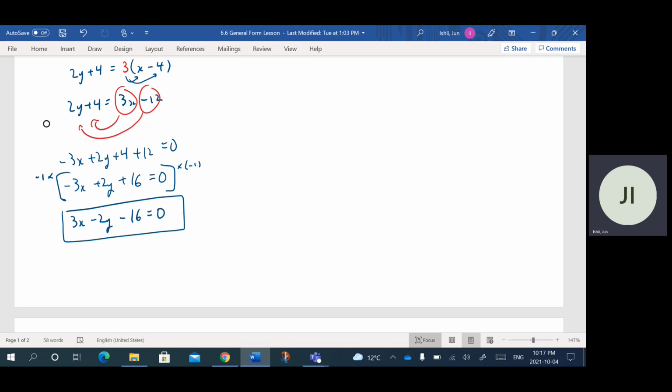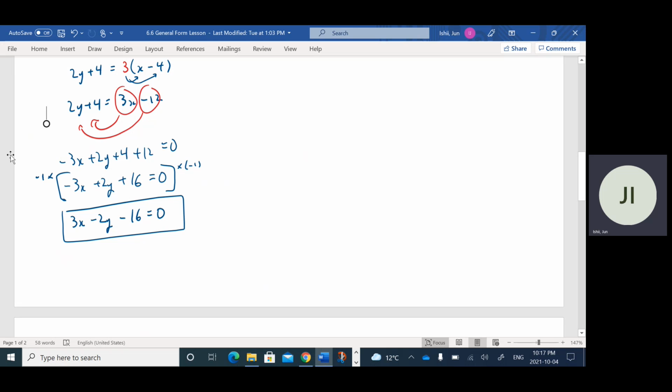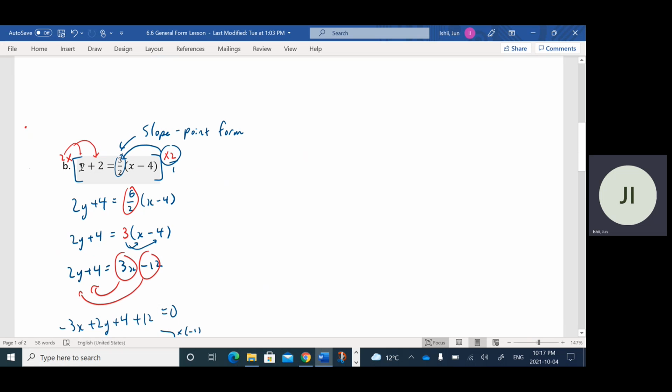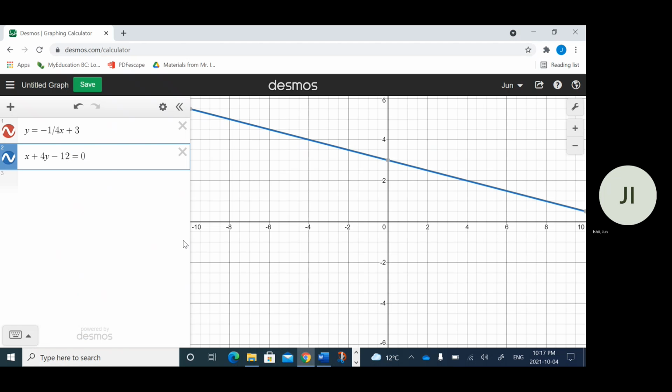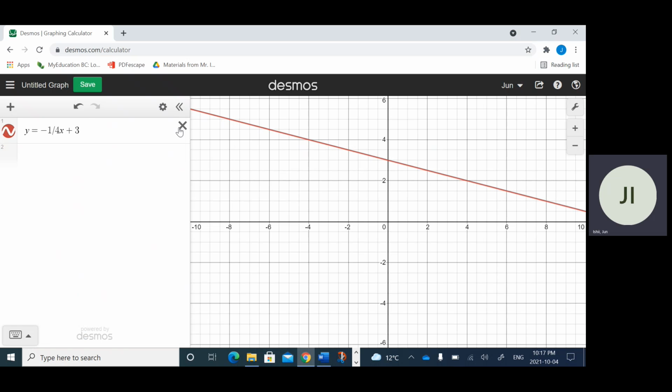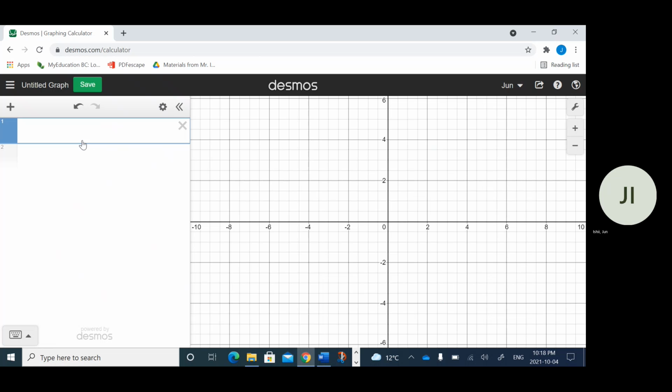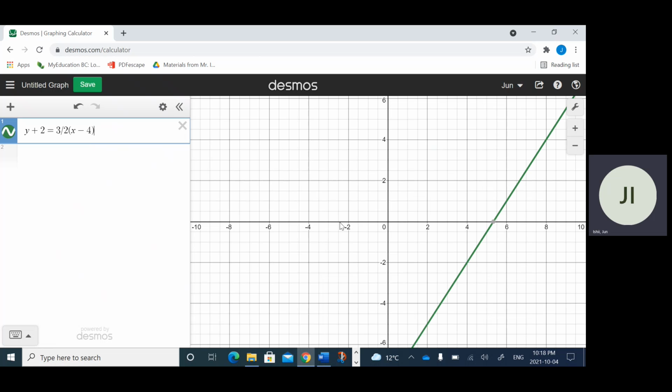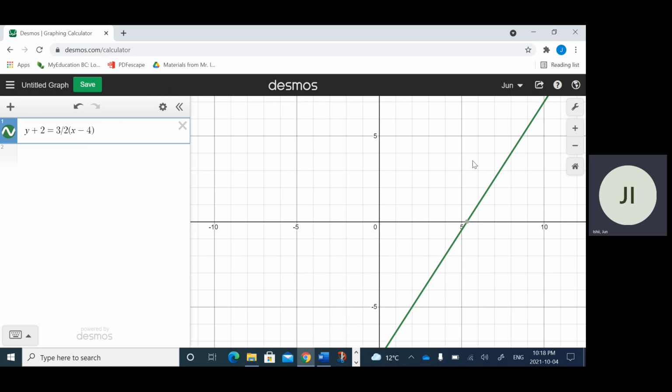All right, so should we check this one again with Desmos? I think I will quickly. Let me just copy and paste this one. In green here, this is the graph of the line that was given in the question.